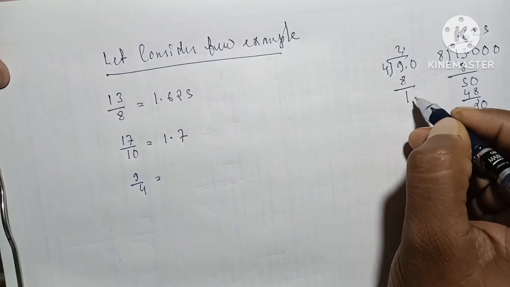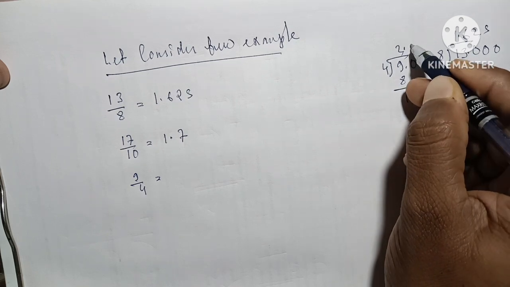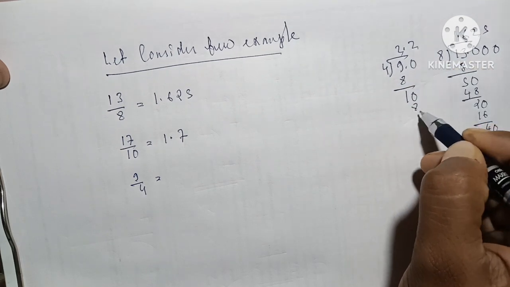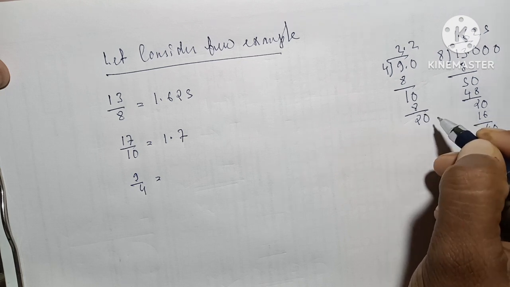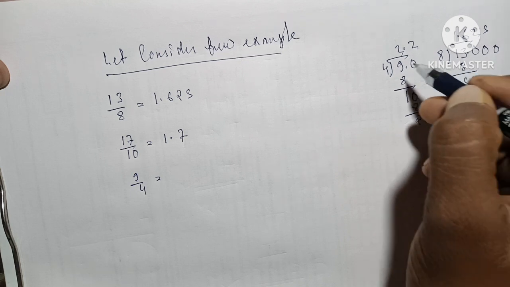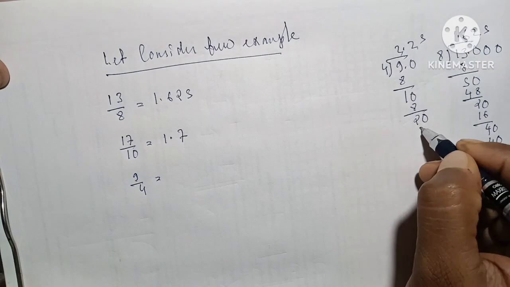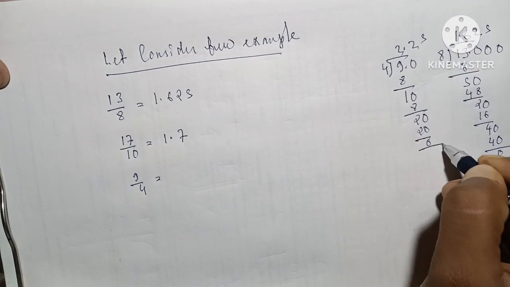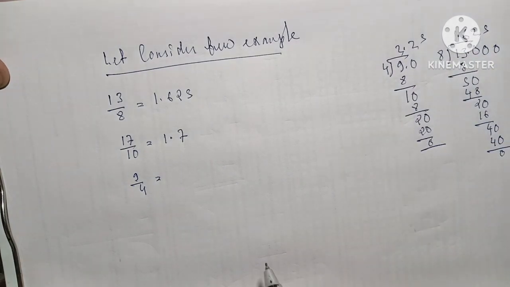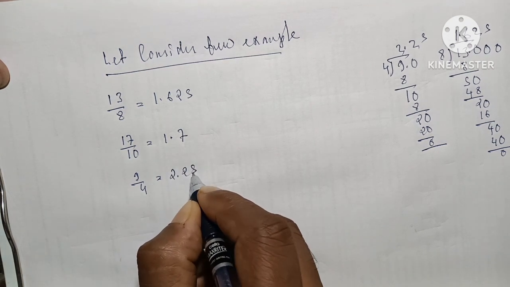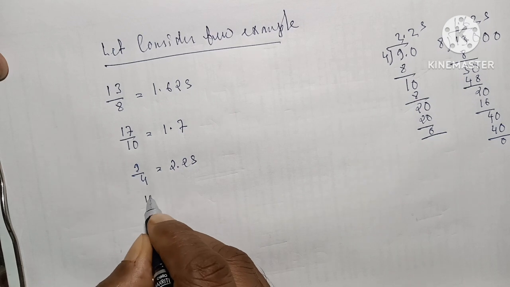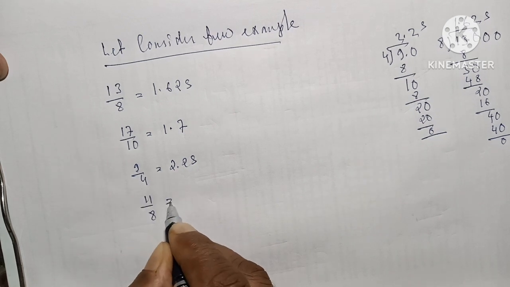Here also a decimal comes. 4 2s are 8, 2, here is the 0. 4 5s are 20. Okay, now you get 2.25.